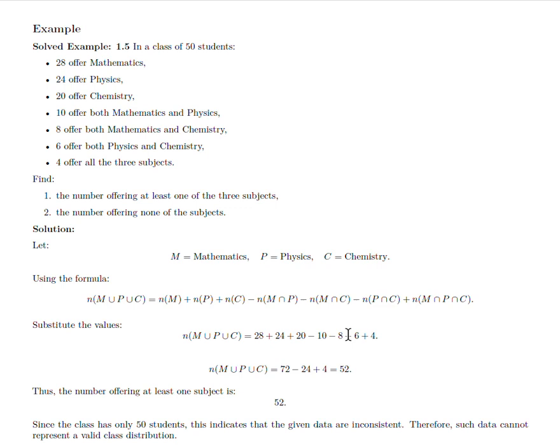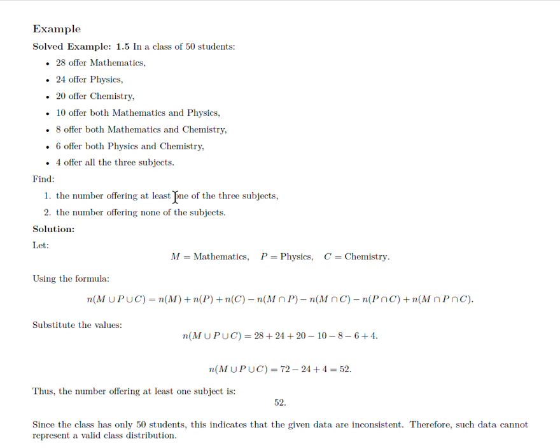We subtract. Physics and chemistry, 6. We subtract. And then we add the intersection of all three, which is 4. And so we have at the end of the day that the cardinality for the union of the three sets is 52. And that's the first question we're told to solve, luckily.